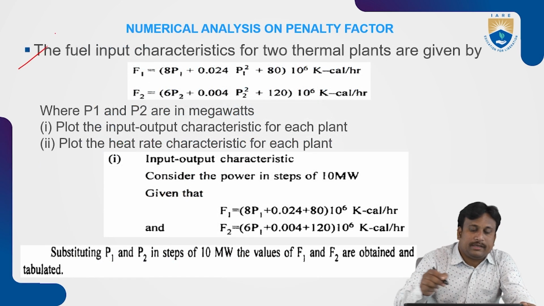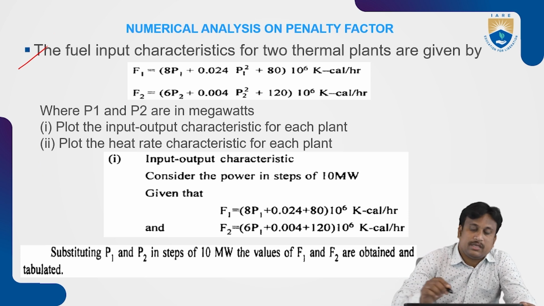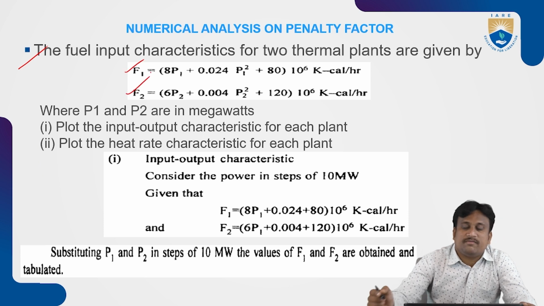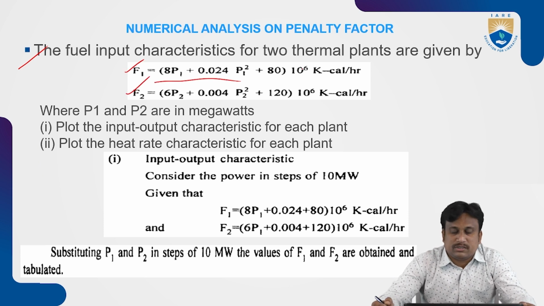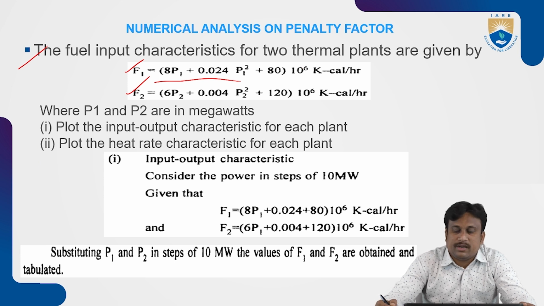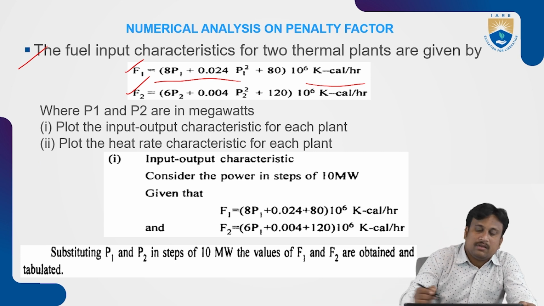Next case is fuel input characteristics for two thermal plants, given here as F1 and F2. F1 is 8P1 plus 0.024 P1 square plus 80 into 10 power 6 kilocalories per hour.